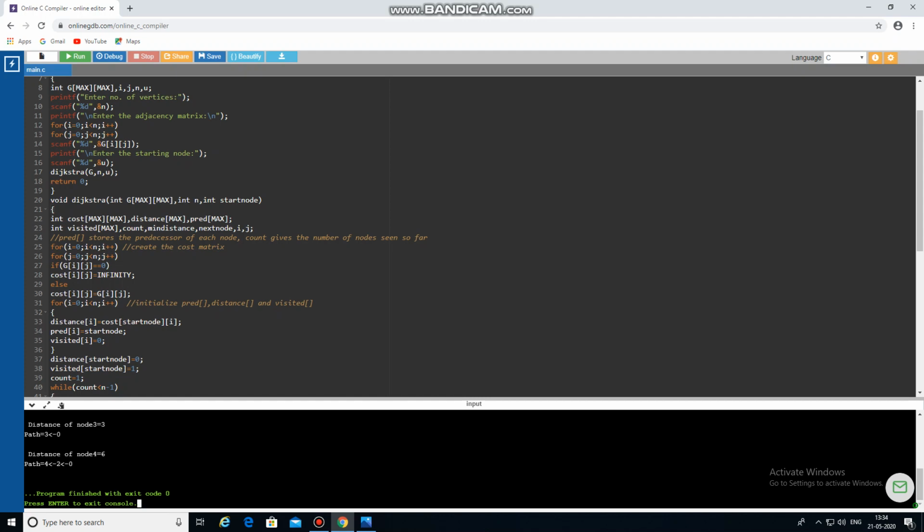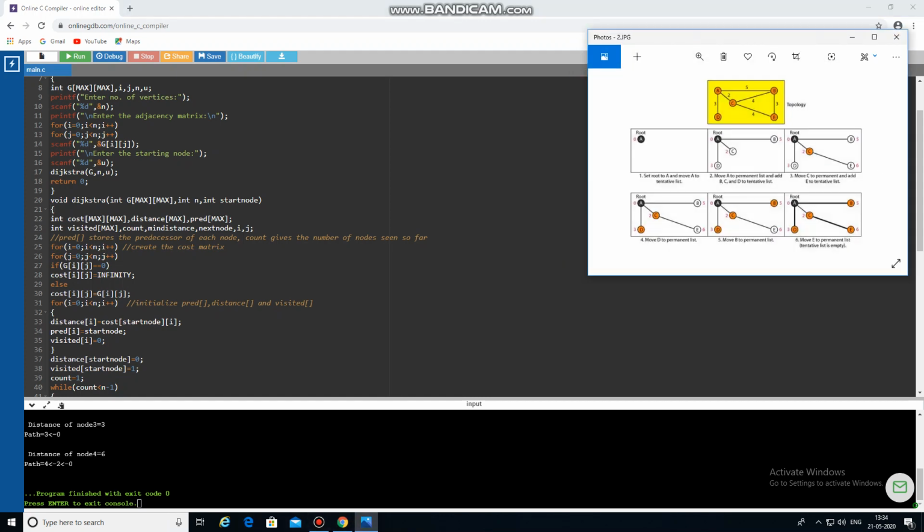We can go from A to B, then E; A to C, C to B, then E; or A to C, then E. Right? Among all these paths, I select the shortest path, that is from A to C, C to E. So the value of the cost is 6. Same values are present in your output.